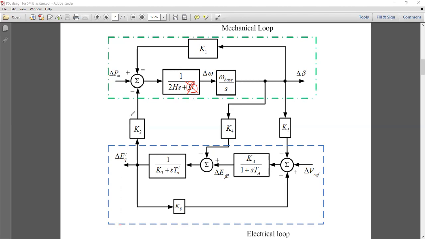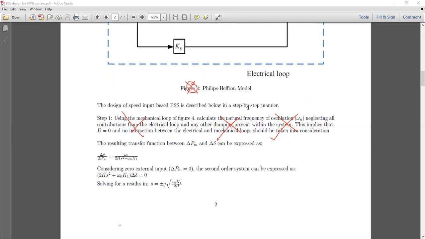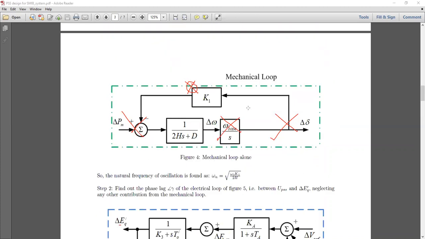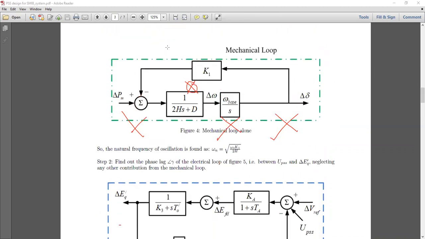So the first assumption, as I said, is that there is no interconnection between these two blocks. The second assumption is that there is no damping present in your system. So with these assumptions, what you will get is this block without any damping. So you will get rid of this D. D would not be there.